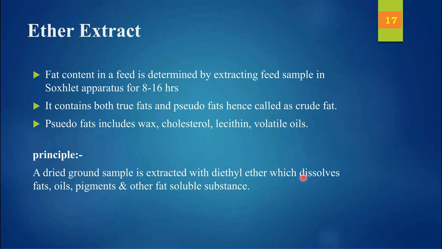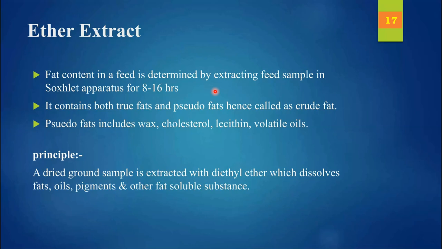Then ether extract is another name. We have seen that ether extract is done to get the fat content in a feed, determined by extracting the feed in the Soxhlet apparatus for 8 to 16 hours.